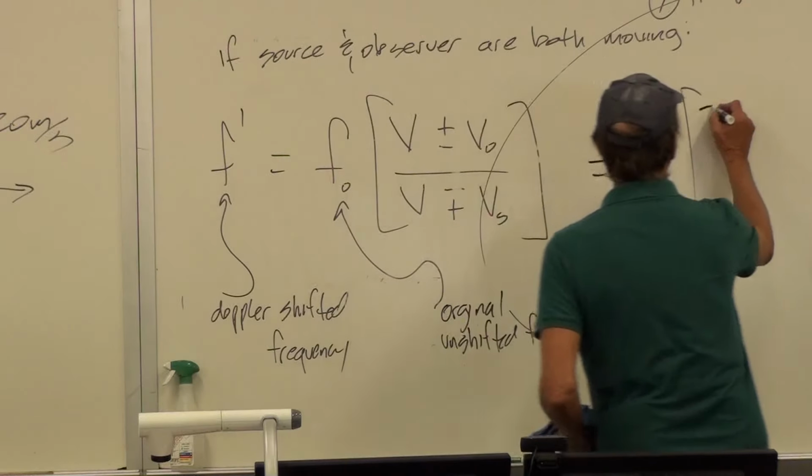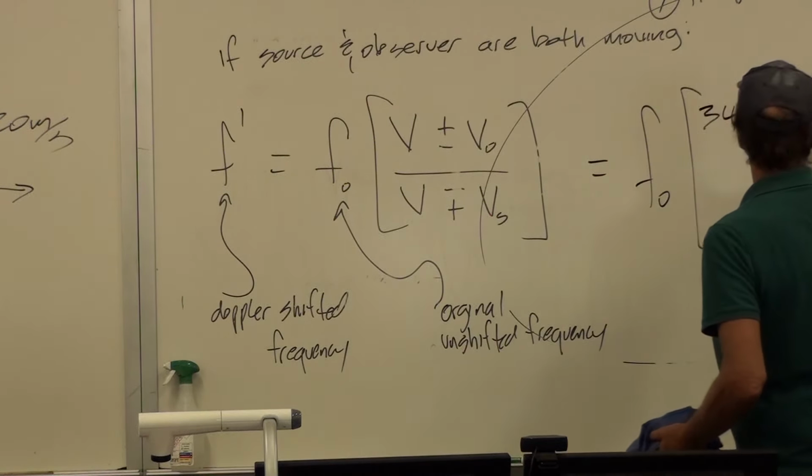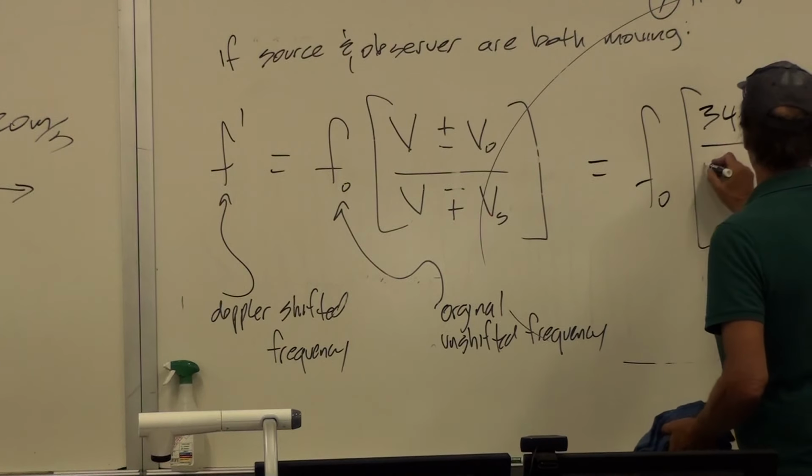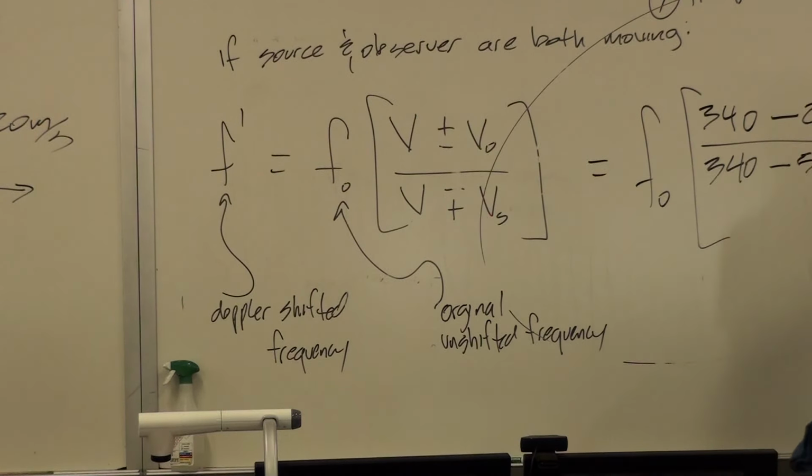So that's going to be 340 minus 20 divided by 340 minus 50. So that'll be 1,000 times 320 divided by 290.